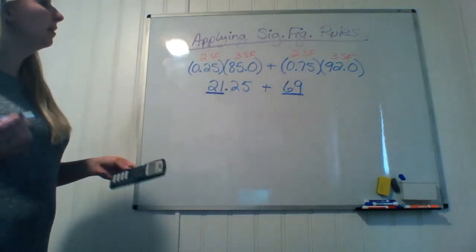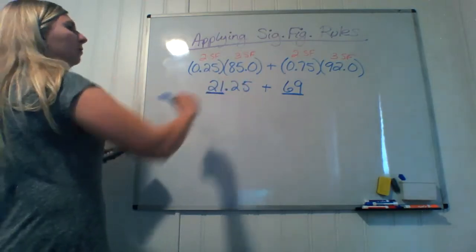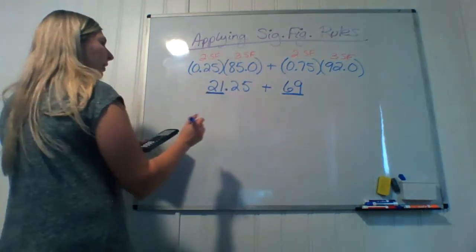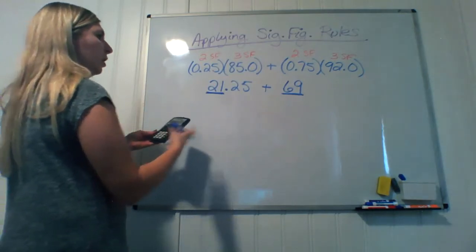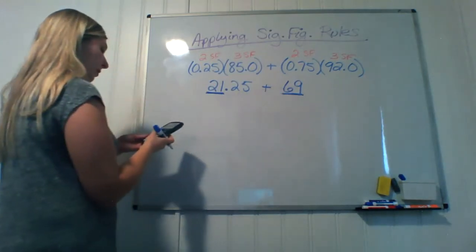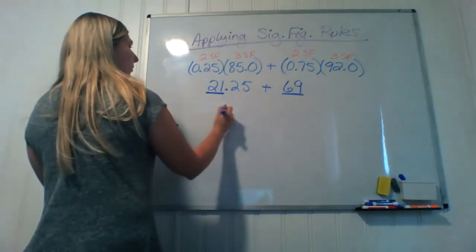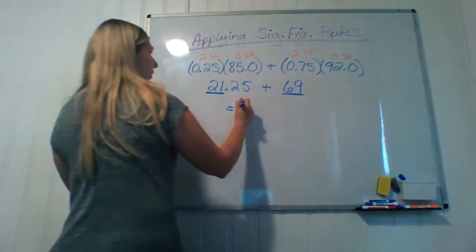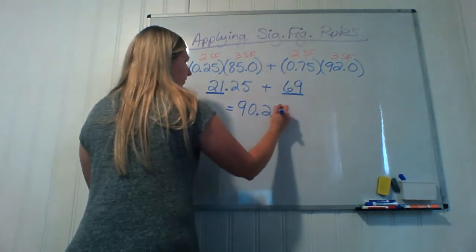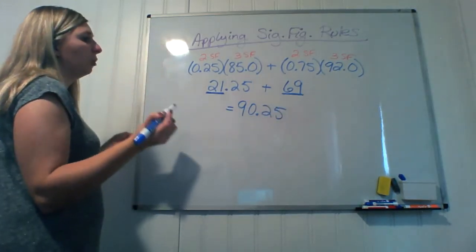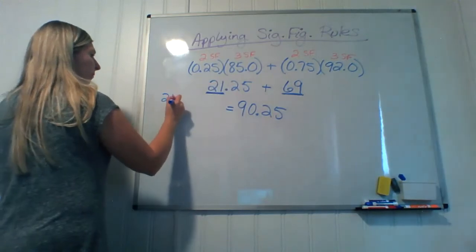So now the next step is moving on to the addition. So now we're going to put in our calculator 21.25 plus 69. Now your calculator here is going to give you 90.25. But now according to the addition rules, let's write it vertically.